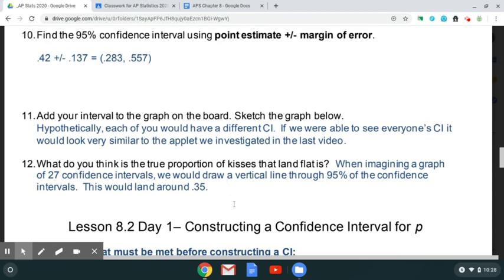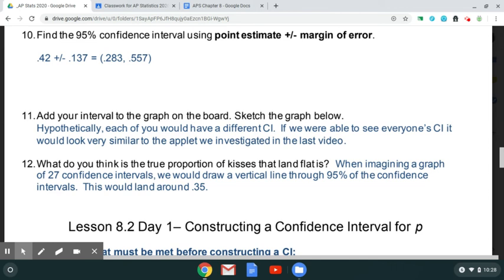If you were able to see everybody's confidence interval, it would look very similar to the applet we investigated in the last video. Then we would imagine where we would draw a vertical line through the 95% of the confidence intervals, and this would have landed around 0.35. That's a little bit anticlimactic since we can't really see everybody's, but that's the idea of a 95% interval.